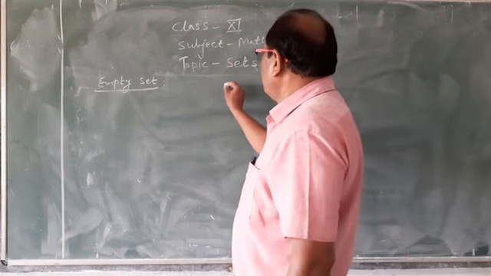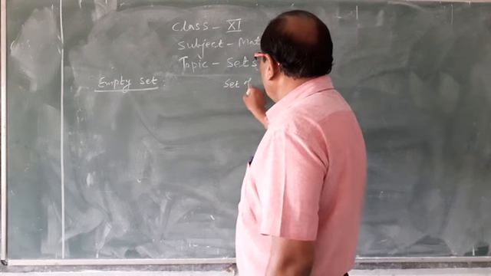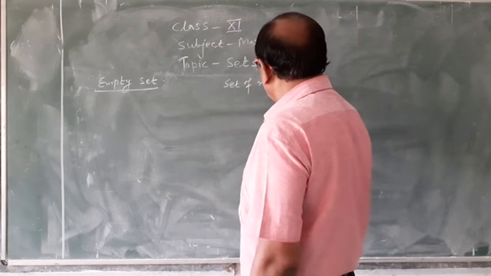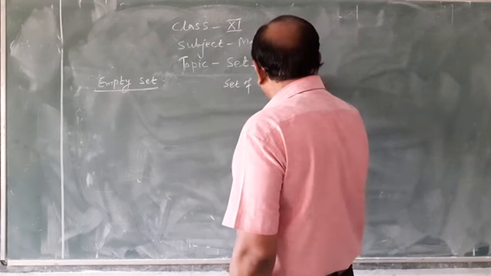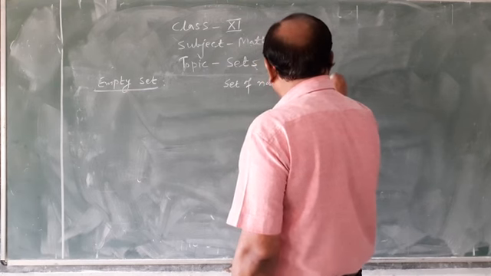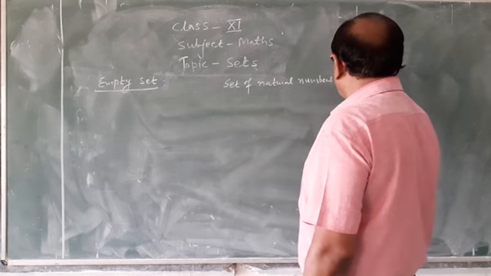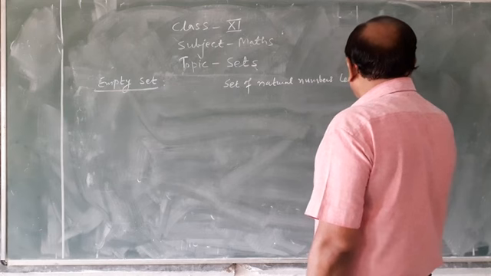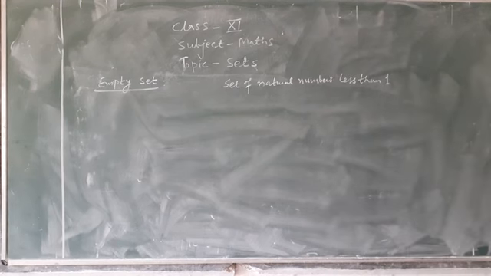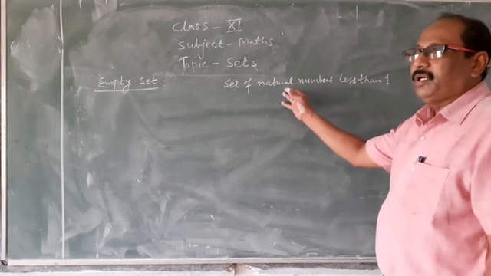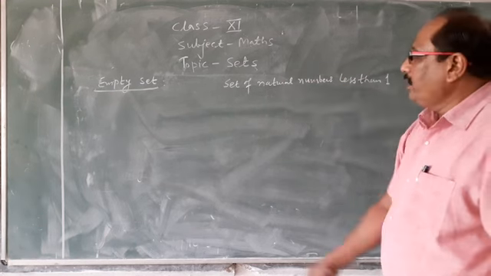The set of natural numbers less than 1. You know the set of natural numbers starts from 1.